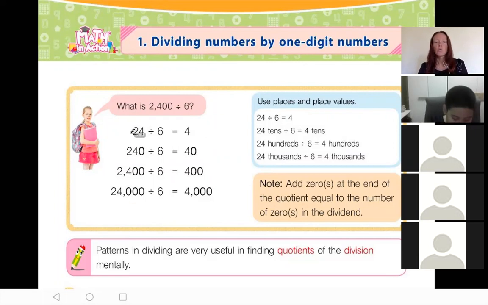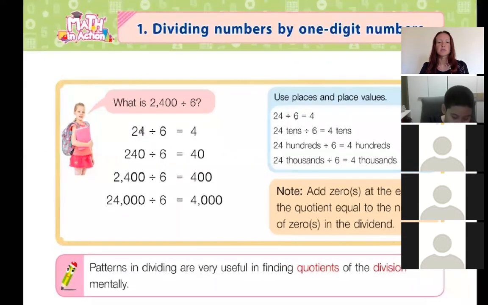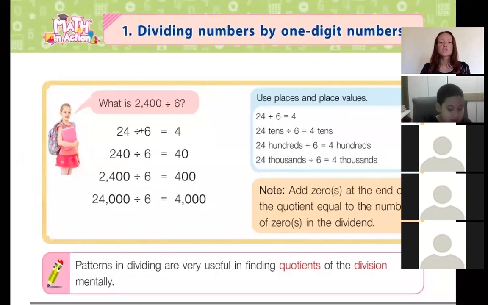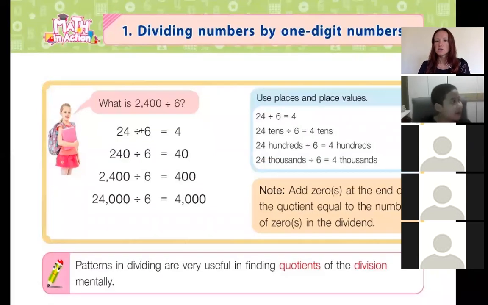Let's look at the examples here. 24 divided by 6. Just imagine the multiplication table by 6. 6 times which number will be 24?